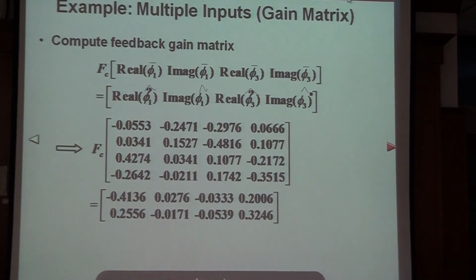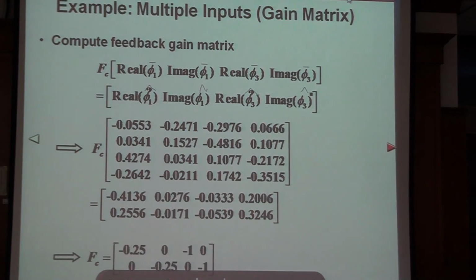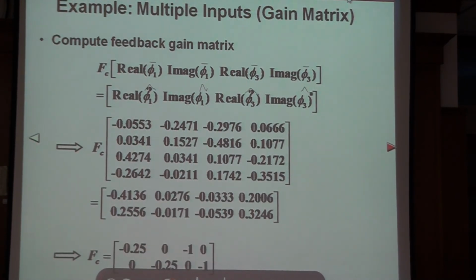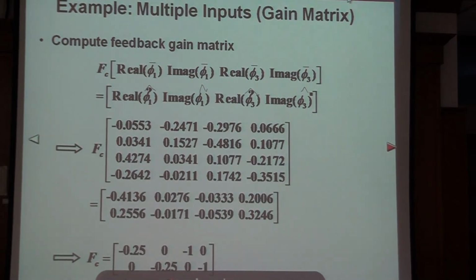Hopefully that 4x4 matrix is well conditioned. So my FC, I do it just like that, simple. So that's all okay. That's my gain. And this gain will give you the desired eigenvalues. So believe me or not, that's supposed to give you the desired eigenvalues.